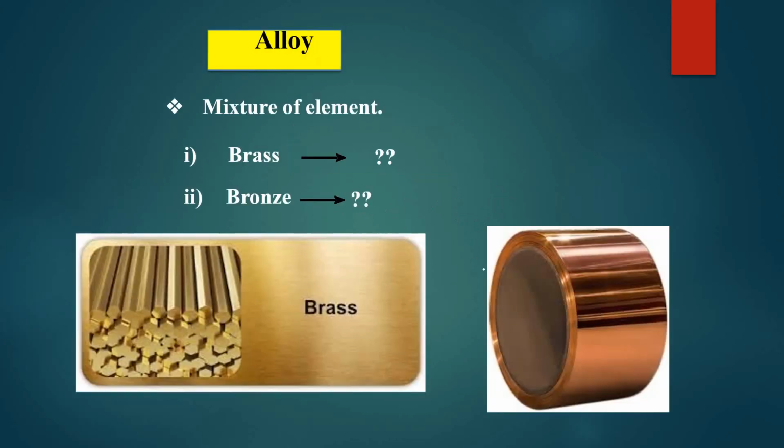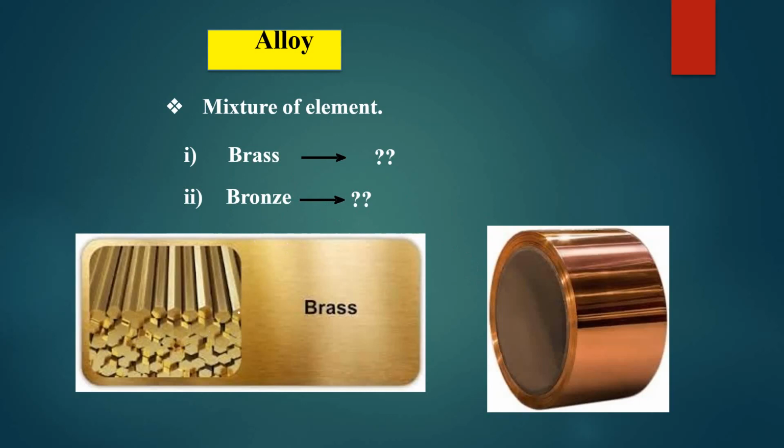Then let us go for alloys. Alloys, like alloy wheels, are a mixture of metals. Can all metals be mixed together? No. Let me explain this. An alloy is nothing but a mixture of elements, right? So here is brass. What is brass?